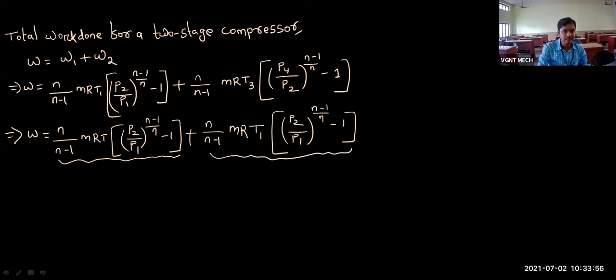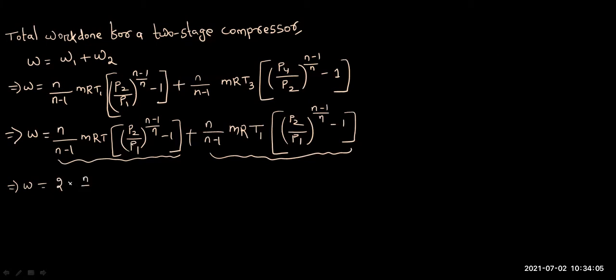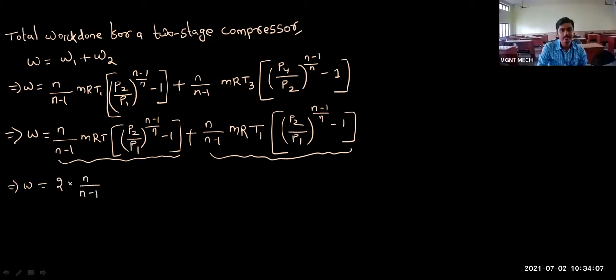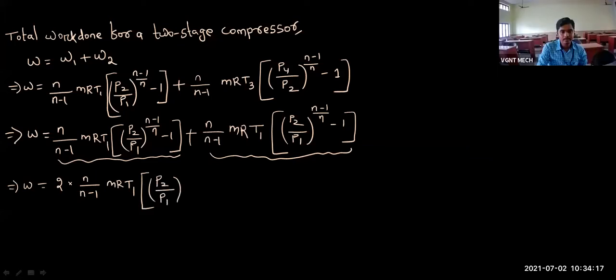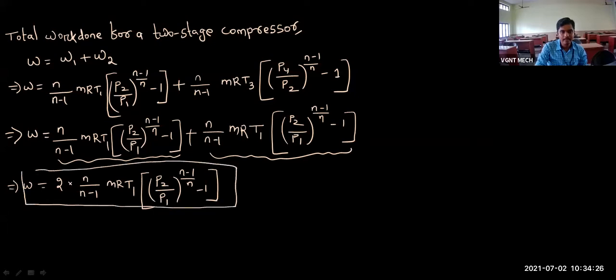So that implies total work done by the compressor, since both the terms are equal, what I can write? 2 times n by n minus 1 MRT1 into P2 by P1 whole to the power n minus 1 by n minus 1. So this is the work done formula, or indicated power.